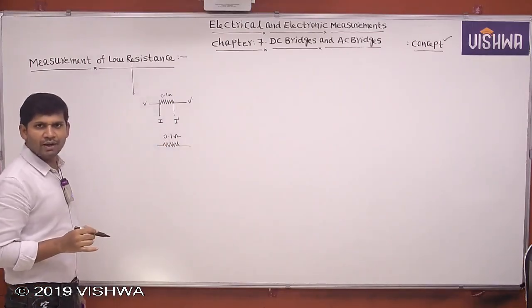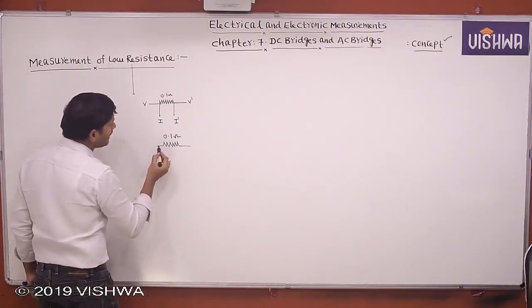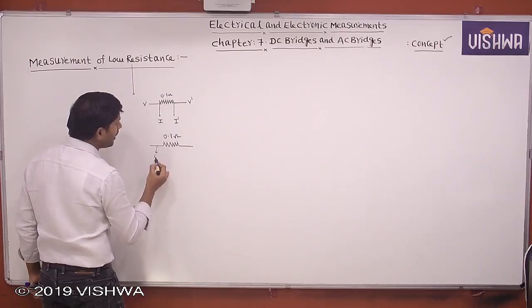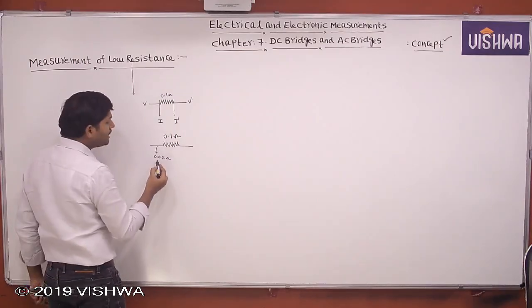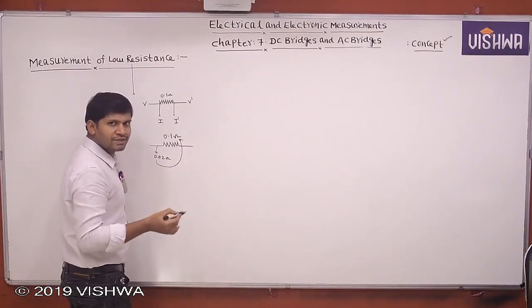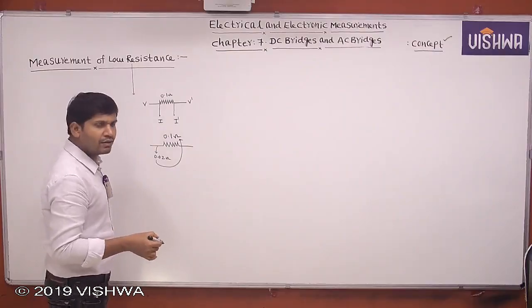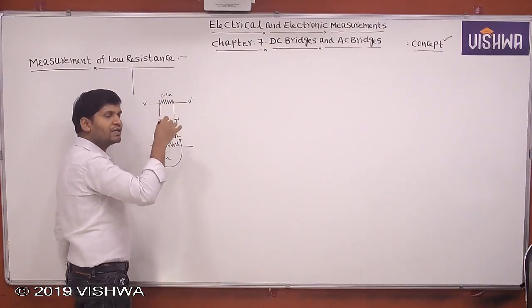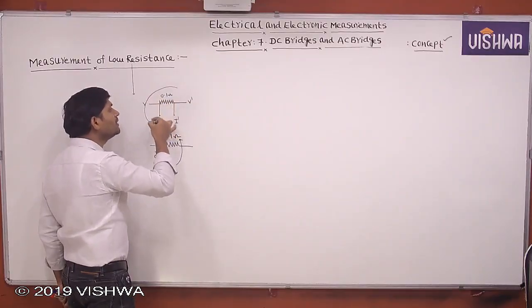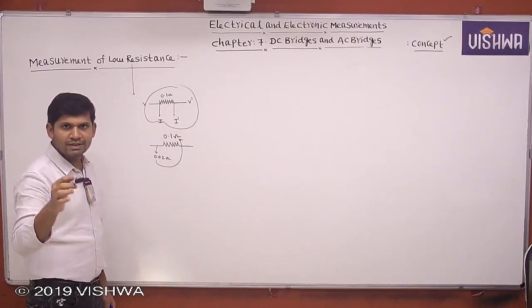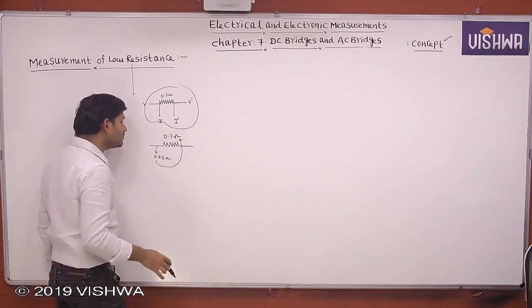Let the connecting wires have a resistance of 0.02 ohms. If this 0.02 ohms is added to 0.1 ohm, it gives a very serious error. That is why, to make the resistance a definite and precise value, low resistance is represented with 4 terminals.